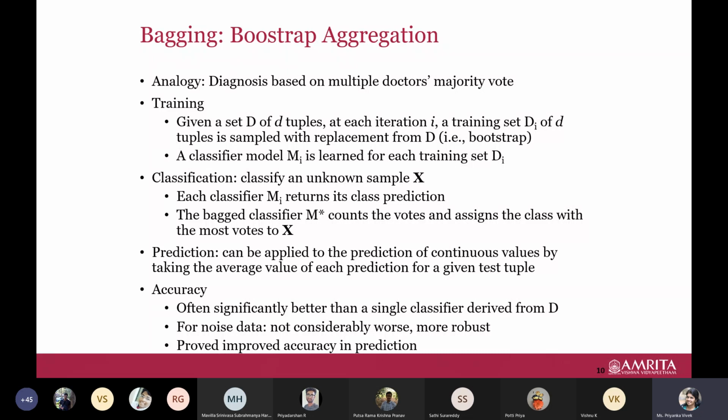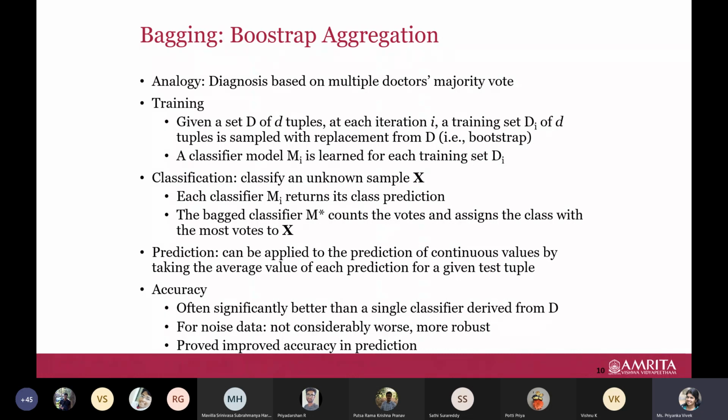But bagging is usually the same kind of classifier, but for different data sets. When I say iteration i, I am taking that many samples from the full data set. So a training set Di is taken and from that a model Mi is learned. Then I again go back to the data set, sample certain elements again and learn again. Say I run 10 iterations, so there are 10 different models.